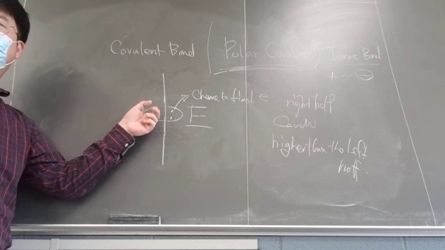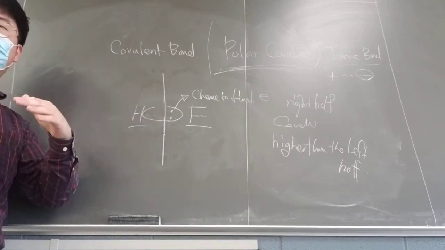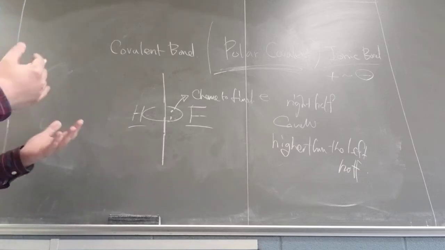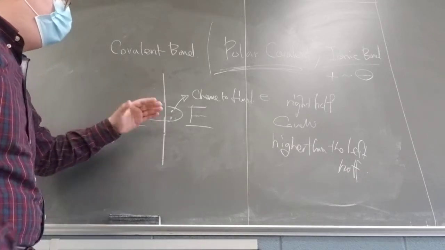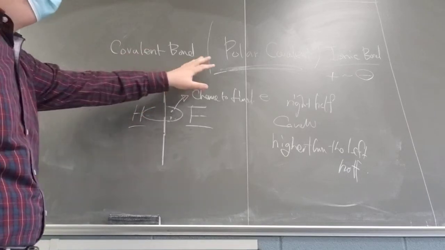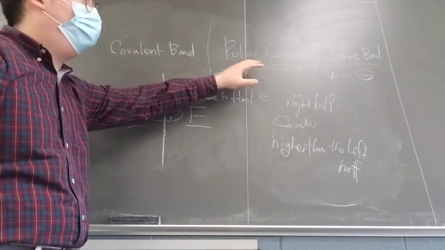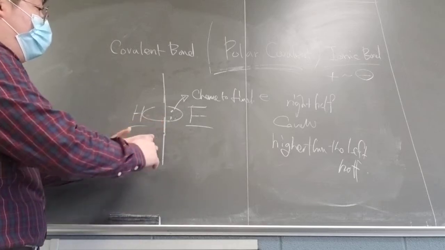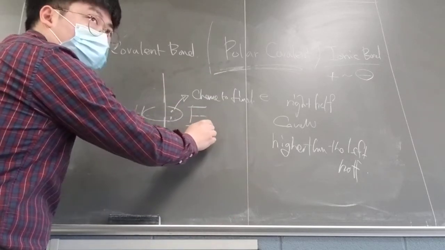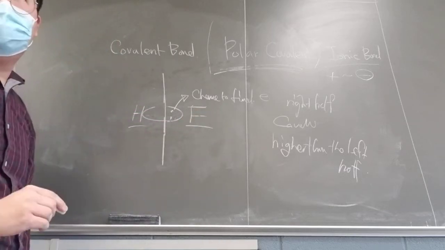You see the electrons over here as well, just with a lower chance. It can be confusing if you look at a picture like this. The only thing you need to remember for your exam or quiz about the polar covalent bond is that you have a higher chance to find the electron near the fluorine.